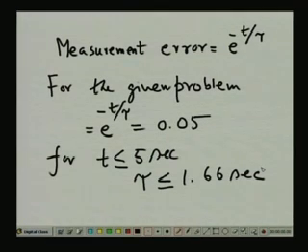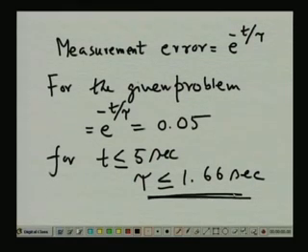That means the time constant of the system should be less than or equal to 1.66 seconds, right. If the time constant of the system is less than or equal to 1.66 seconds, then after 5 seconds a 5% tolerance band can be allowed, or 5% for the dynamic error can be allowed, right.